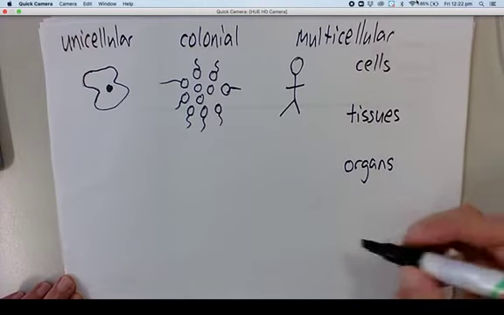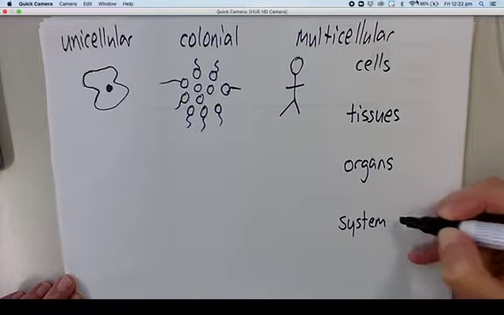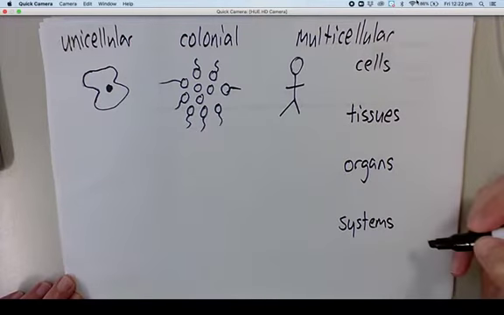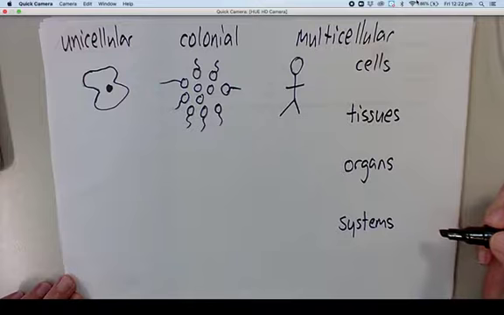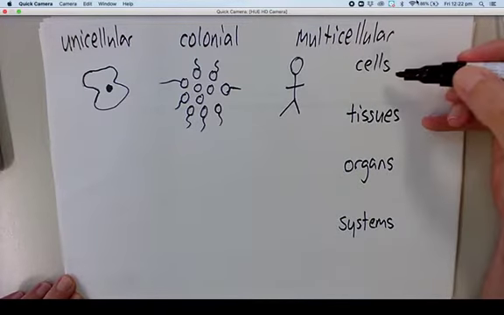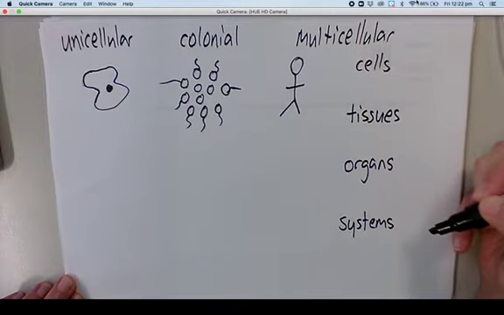And of course, the heart is part of a bigger system that is the cardiovascular system or circulatory system that is also contributing or performing that function on a bigger picture level. So for multicellular organisms, we've got things that tend to happen at these higher levels of organisation.